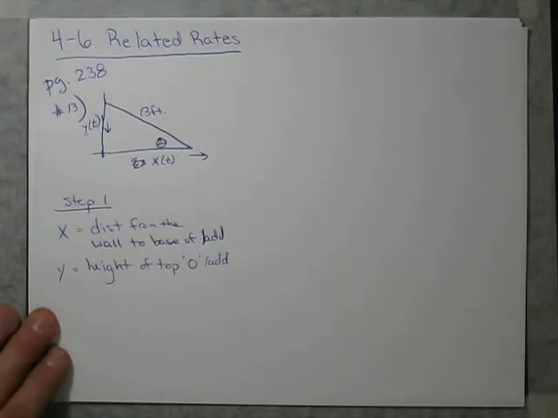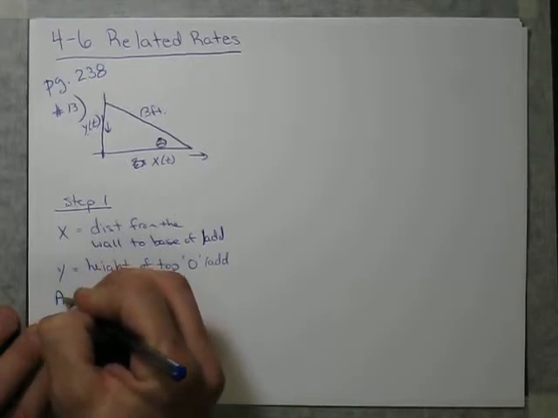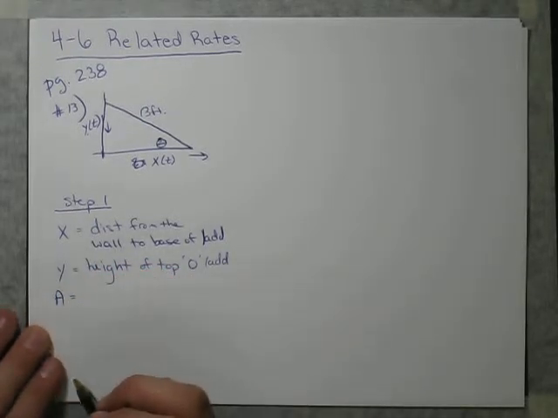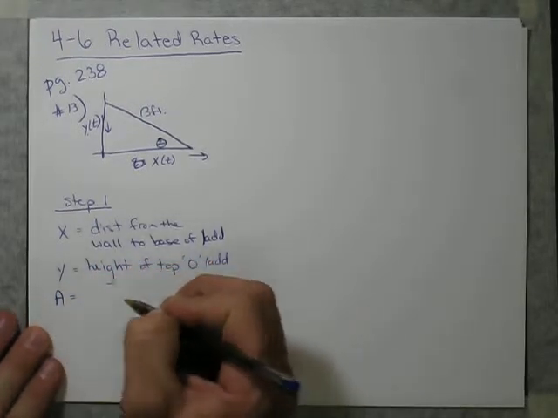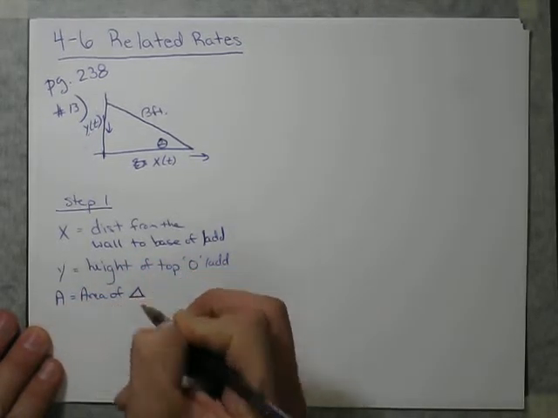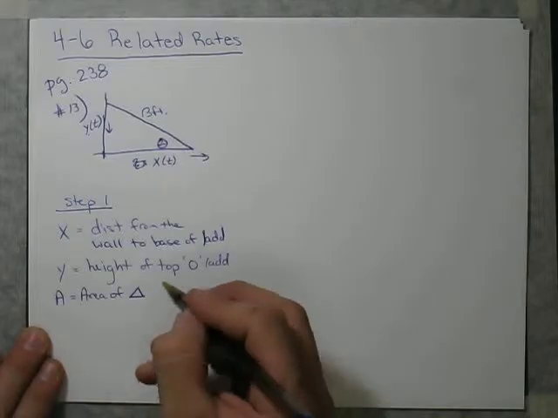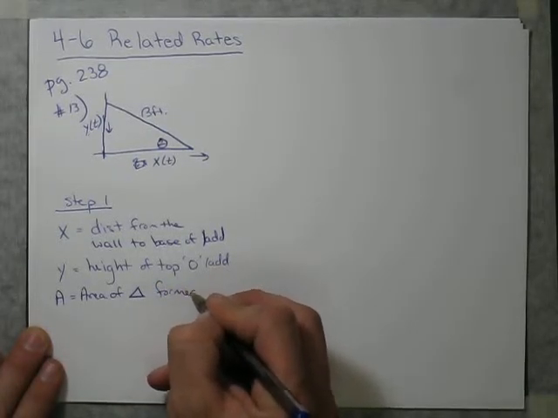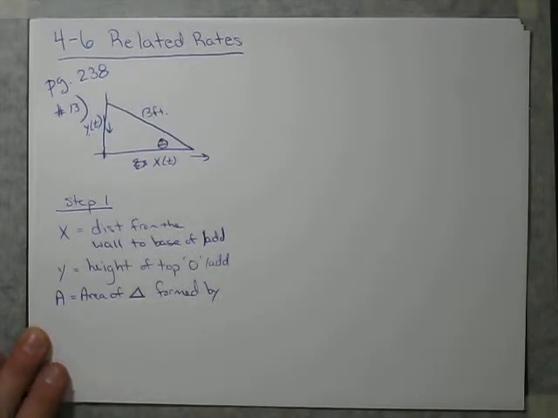And then area, A, that's a variable because we're going to have to find that for part B. Area A stands for the area of the triangle formed by ladder, wall, ground.